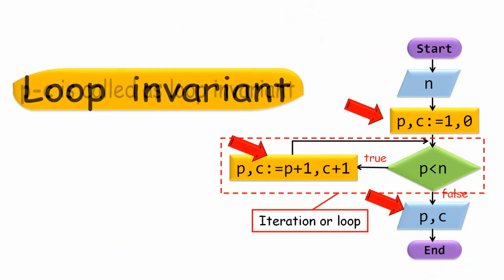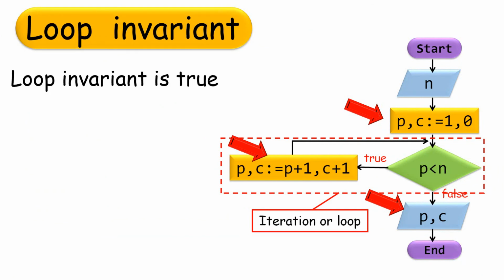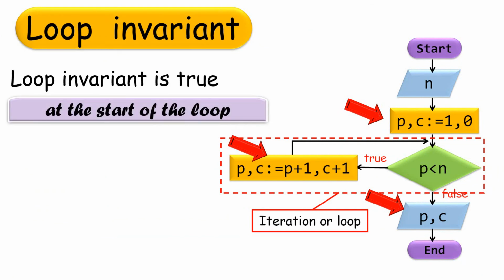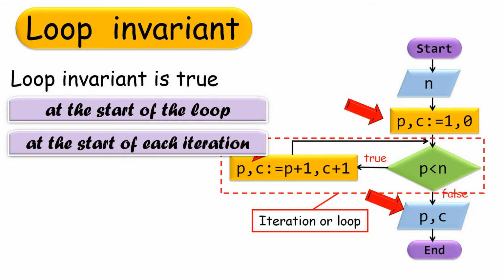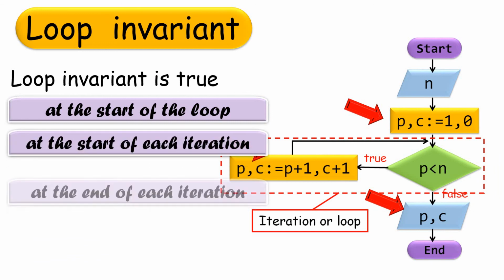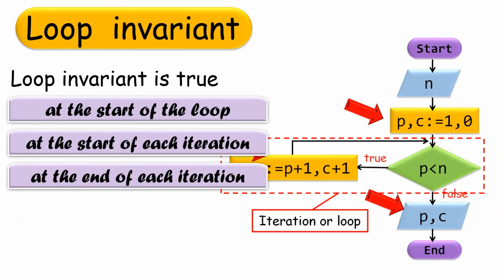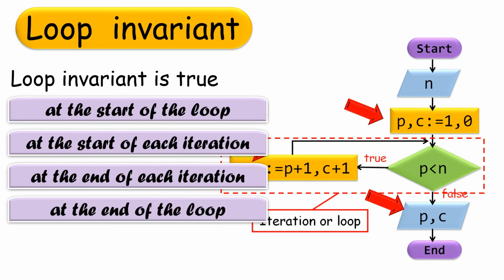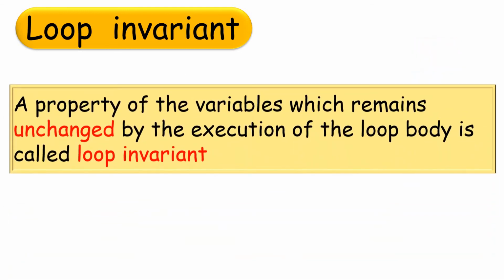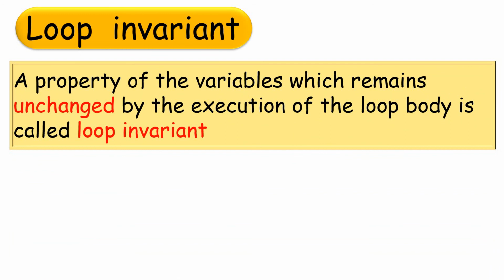The loop invariant is true at the start of the loop, at the start of each iteration, at the end of each iteration, and at the end of the loop. A property of the variables which remains unchanged by the execution of the loop body is called a loop invariant.